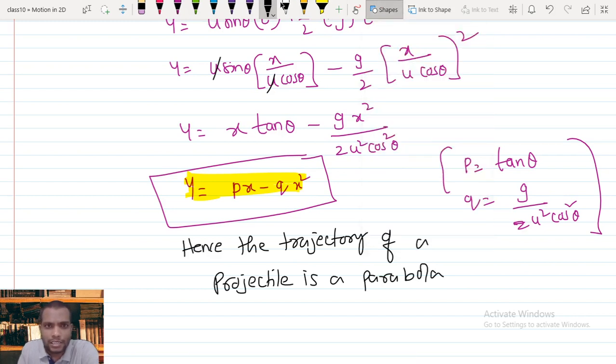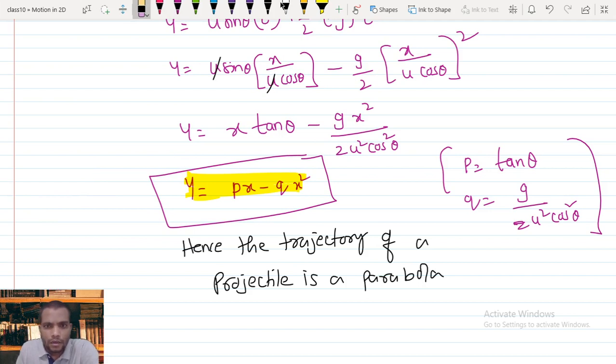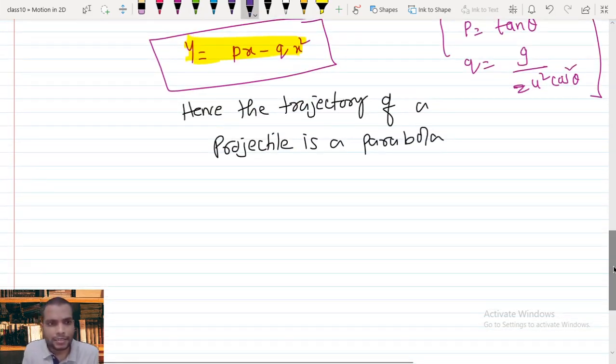Not only that, we have already seen the virtual demonstration, so the path of a projectile is a parabola. This parabolic expression is y equals px minus qx square. Now this is the equation of the projectile. Now let's get the second one. The second term I need to find is the important time of flight.